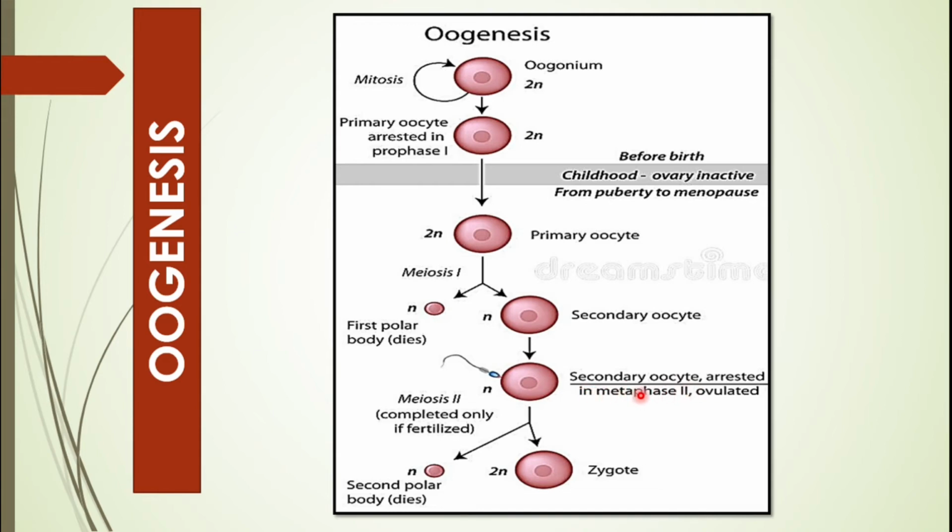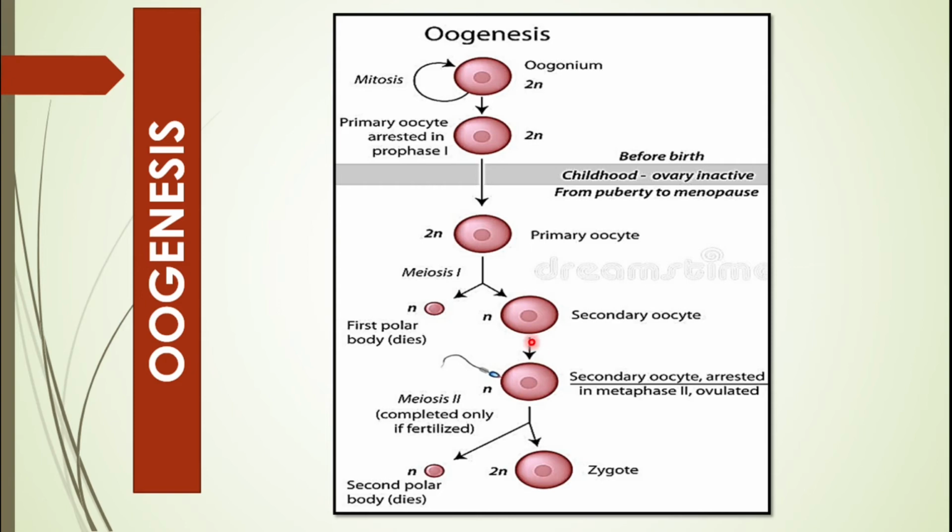It can continue into anaphase and telophase only when there is an entry of a sperm into the secondary oocyte, in other words, only when there is fertilization, which does not happen periodically from puberty to menopause. It happens occasionally. So the probability of the secondary oocyte completing its metaphase 2 is actually limited.